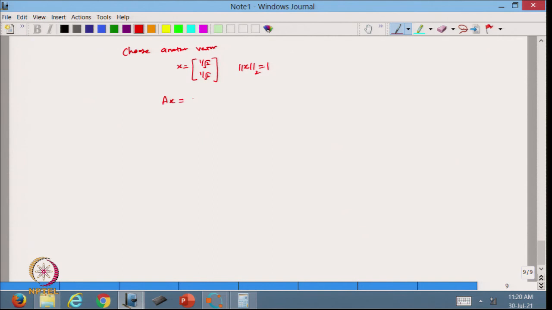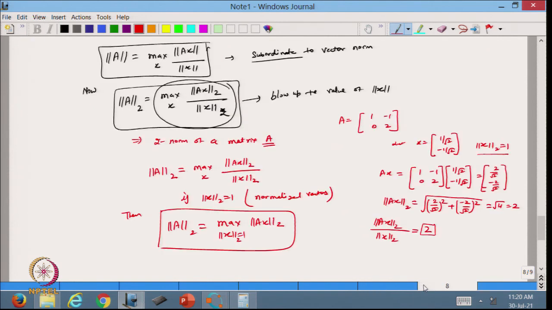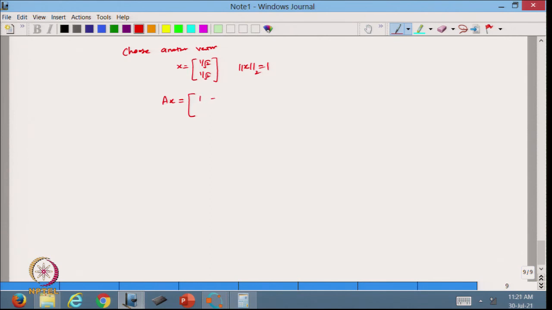Now, Ax will be again 1 minus 1, 0 2, times 1 by root 2, 1 by root 2. So, in this case it will be 0 here, because 1 by root 2 minus 1 by root 2, and this will be 2 by root 2.